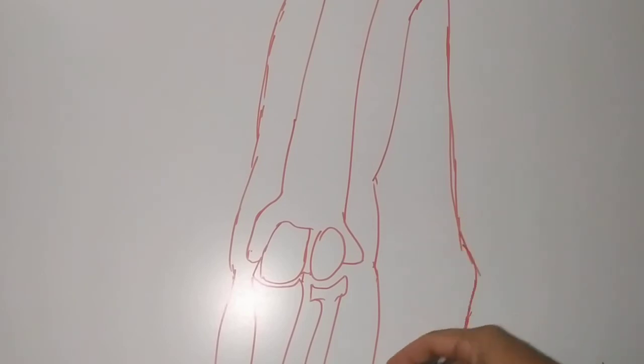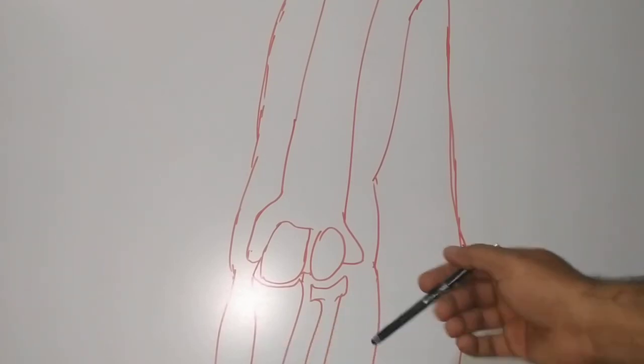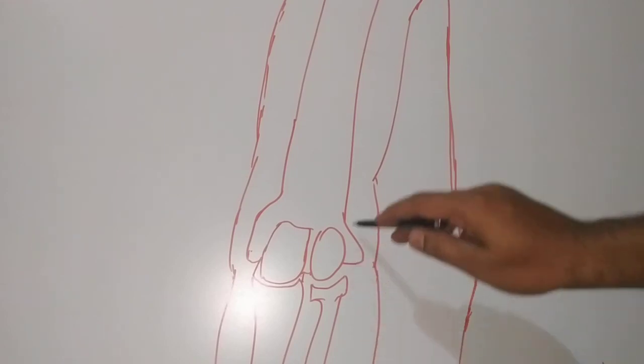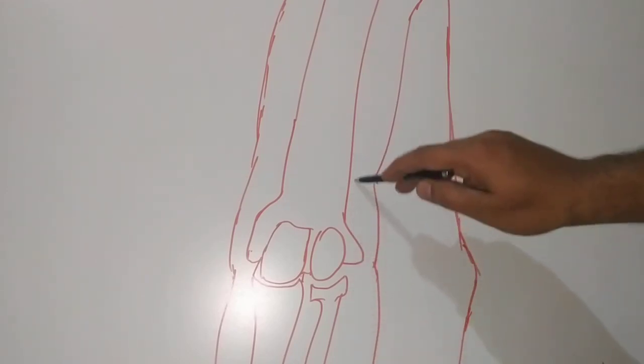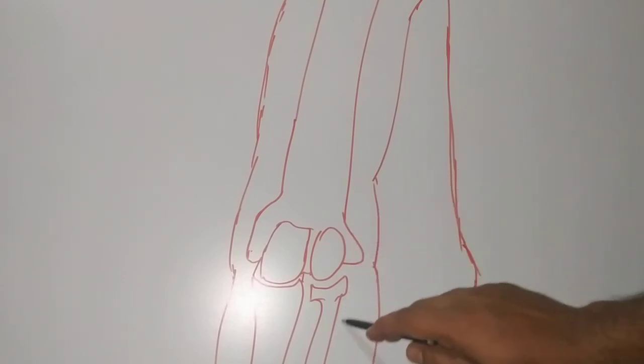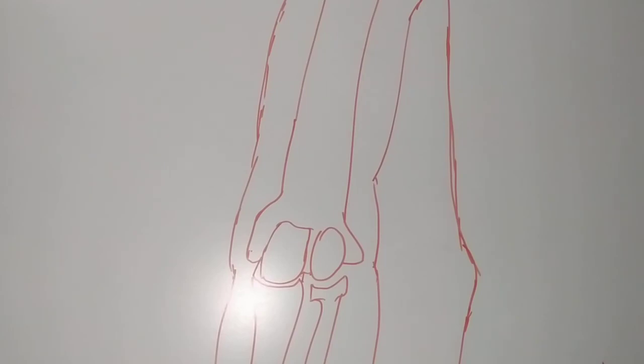In the anatomical position the forearm is obviously in supination. When you are lifting any weight, there will be some space or some angle between the lower end of the humerus and the ulna.